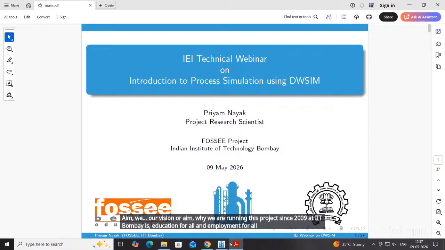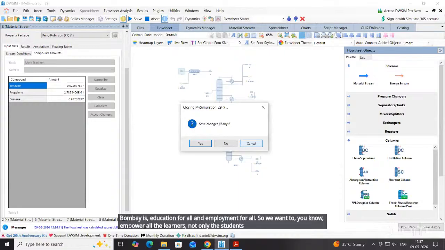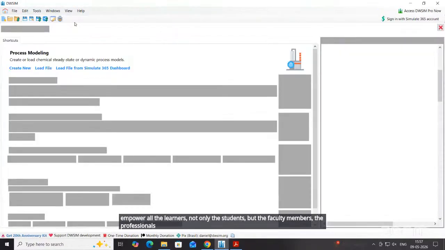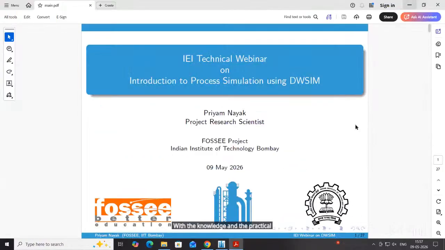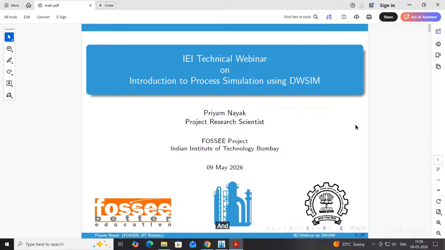We want to empower all learners, not only the students but the faculty members and the professionals, with knowledge and practical hands-on training on free and open source software, so that this knowledge can be used by the learners in their everyday life, like their ongoing projects, their teaching, their research, and anything that they are doing in the science and engineering field.